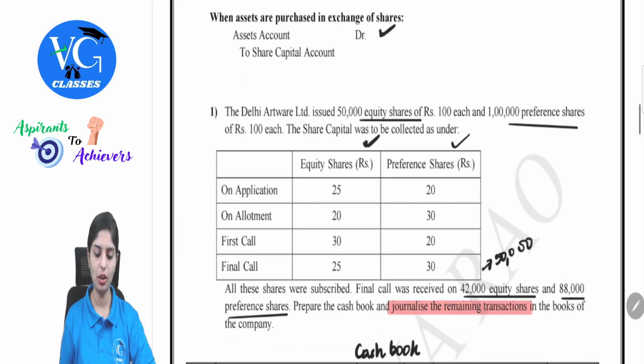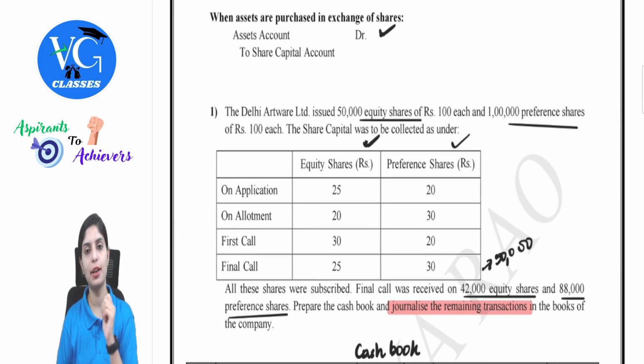Next, final call. First of all, with respect to the due entry, there will be no impact of how many shares were actually received. So what is the due entry?